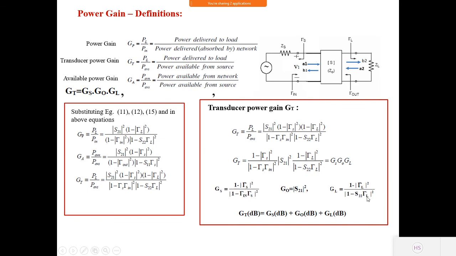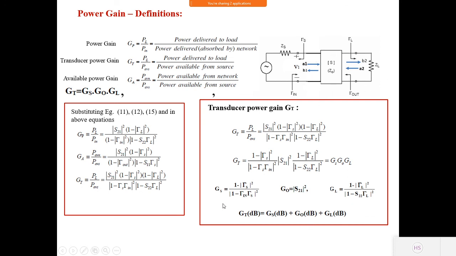Similarly, you can calculate GL from the given parameters. If you know ZL and the S parameters of the network, you can calculate GL, and S21 gives G0. So you calculate this one separately, this one separately, and this one separately. Multiply all three and you get the transducer gain, the gain you can get from the network.